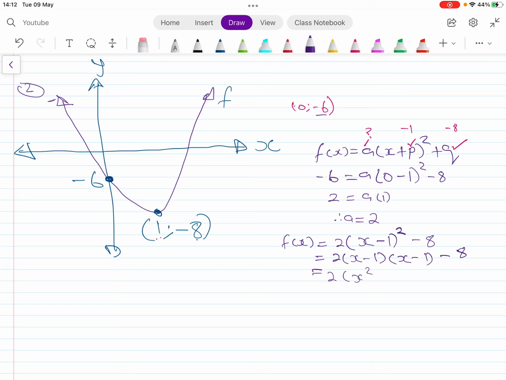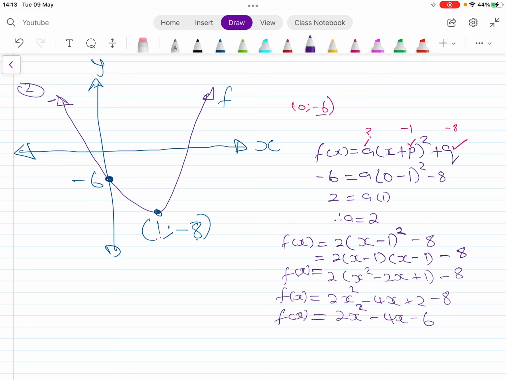So it's going to be x squared minus x, which is -2x. -1 times -1 is +1, then we -8, then we multiply to remove the brackets again. 2x squared minus 4x plus 2 minus 8, and then now we'll have 2x squared minus 4x, and then we have 2 minus 8, that is -6. So this is our equation, as we were required to get the equation of the graph.